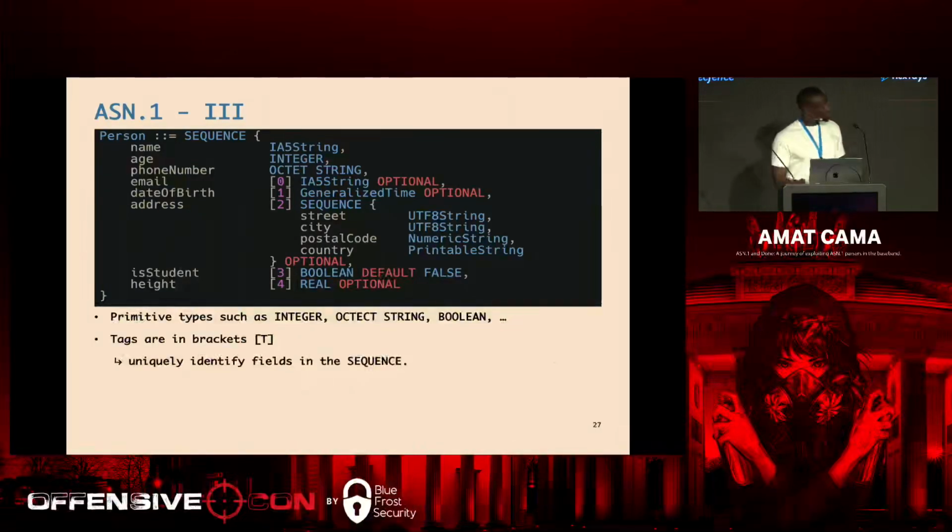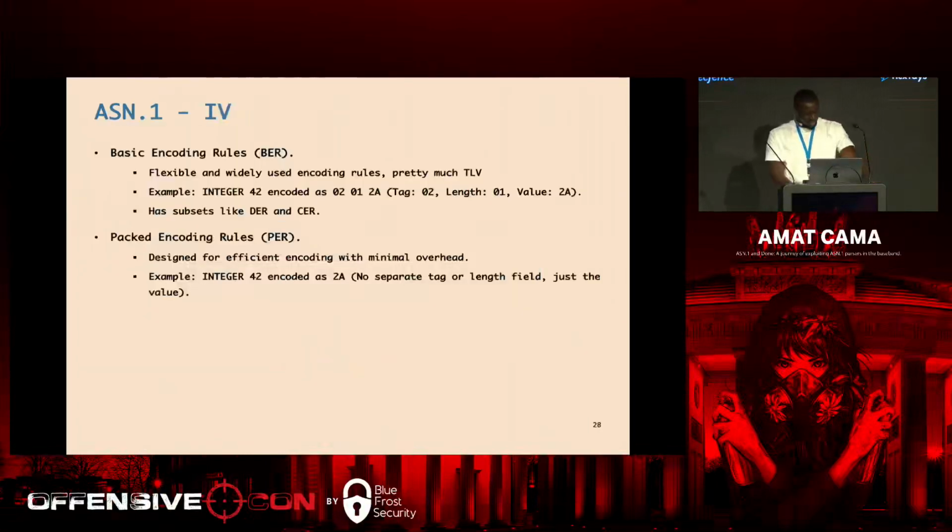The things in brackets are called tags, and they allow you to uniquely identify fields inside the ASN1 message. We have basic encoding rules, the most widely used, which is pretty much just TLV, type length value.